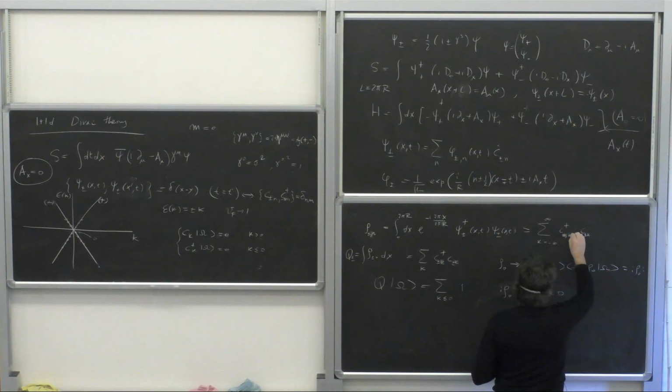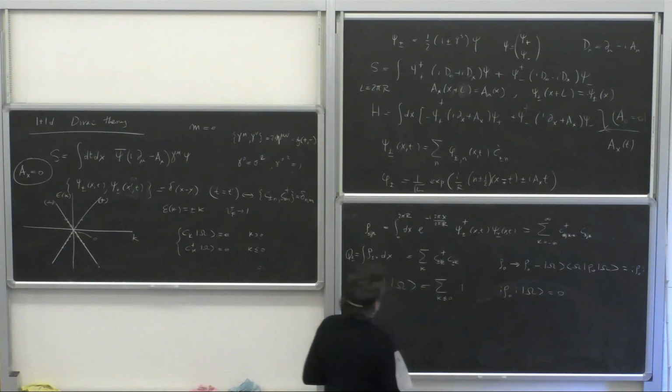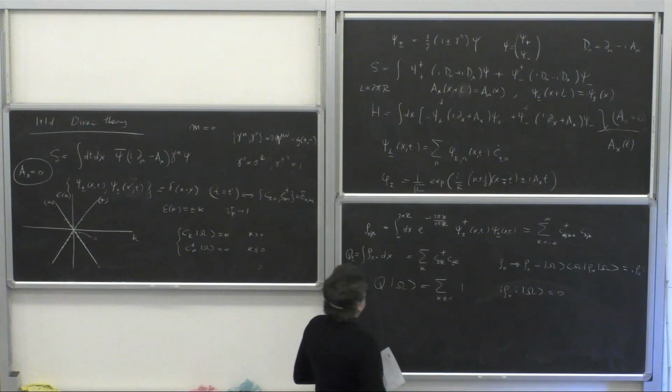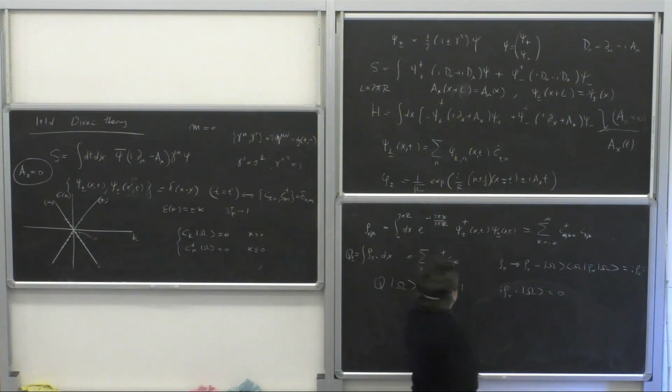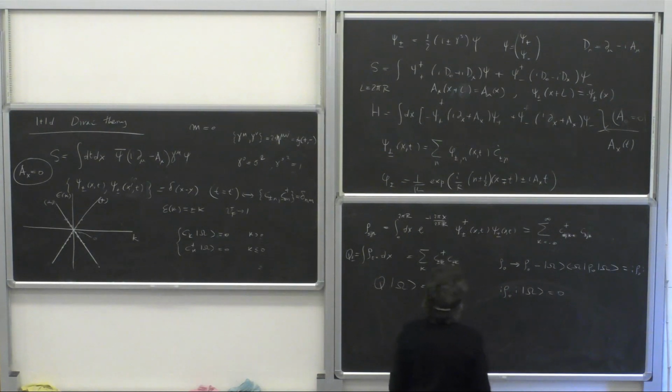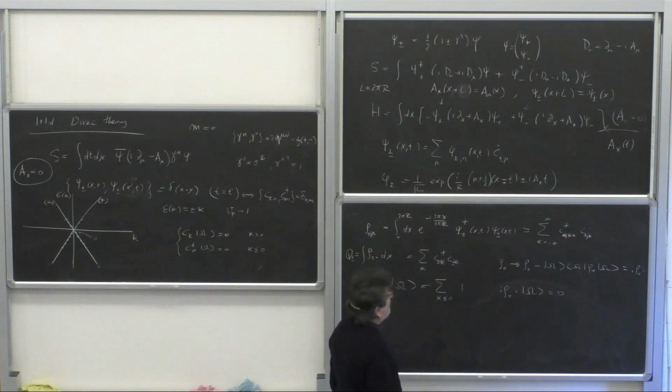And what is C of k and n? Because before, C depended just on one index. Above, in the formula, C depends just on one index. Okay. And this is k minus n or k? This is k minus n.